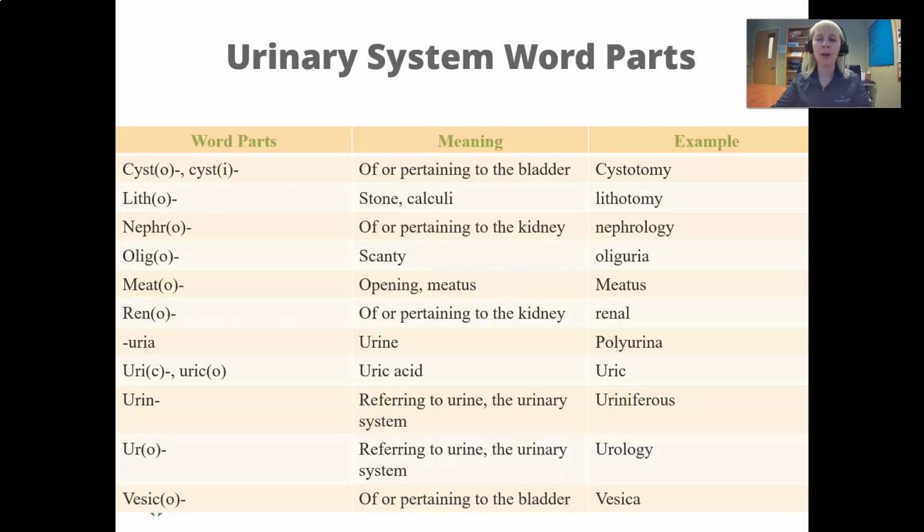Here are some of the word parts that you will hear that relate to the urinary system. In addition, this chapter does go on to discuss the pathology of the urinary system, and it includes discussions on things like pyelonephritis, kidney stones, glomerulonephritis, nephrolysis, acute tubular necrosis, along with different medications that are used to treat the diseases just listed here, as well as any others that are used for the urinary system.